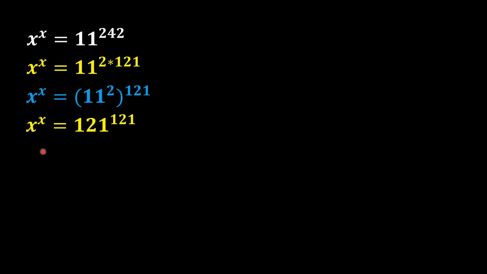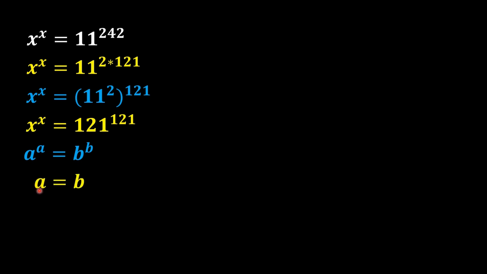Now, as we know from the basic rule of algebra, if the base and the power have the same form on both sides of the equation, then the base or the power can be taken as equal.